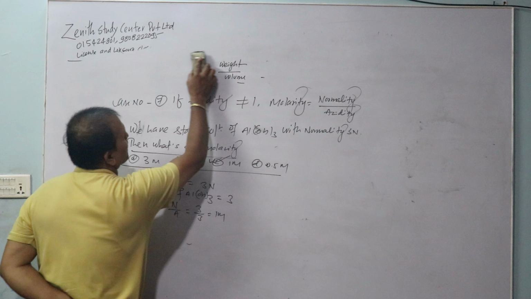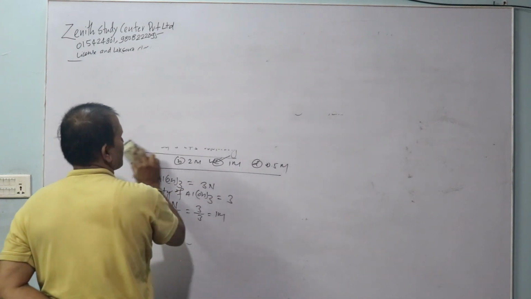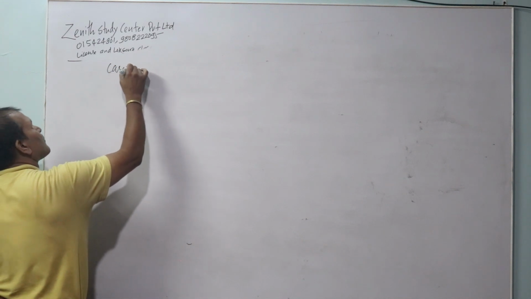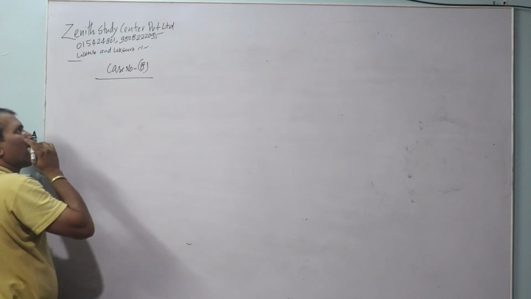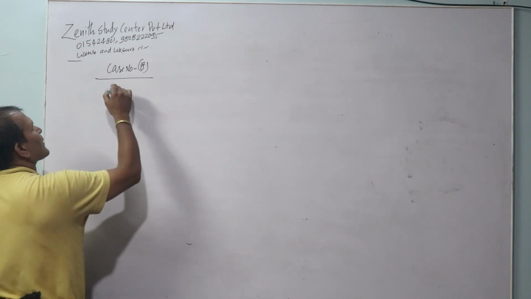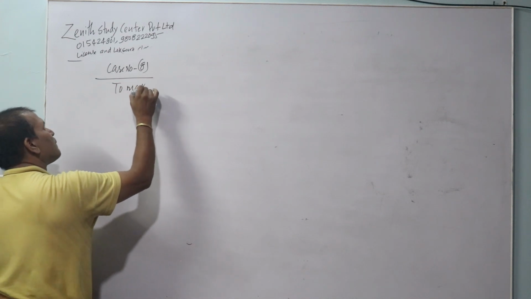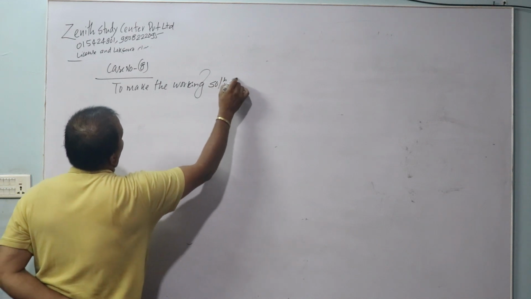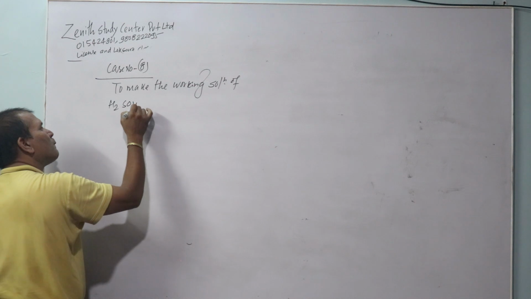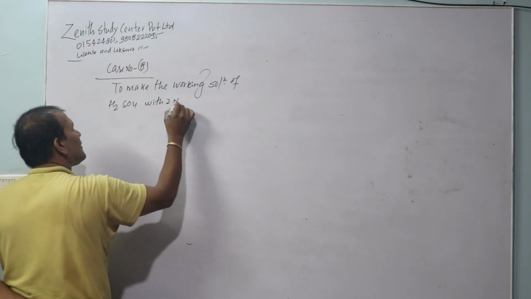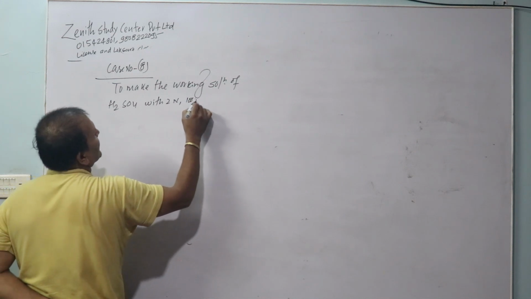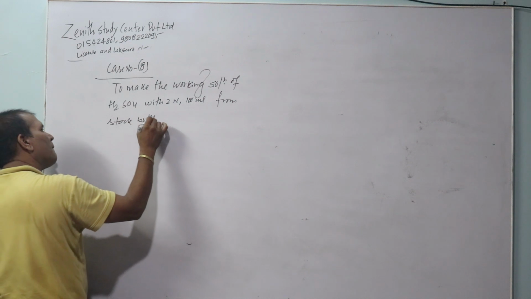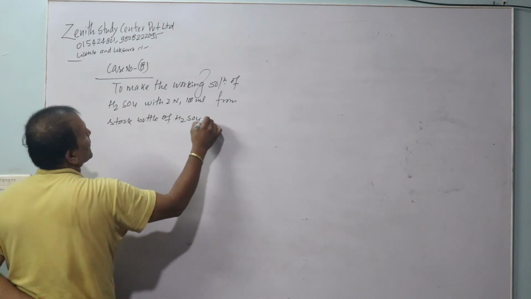Now case number 8. To make the working solution of H2SO4 with 2 normal of 100 ml from a stock bottle of H2SO4 with 10 normal.